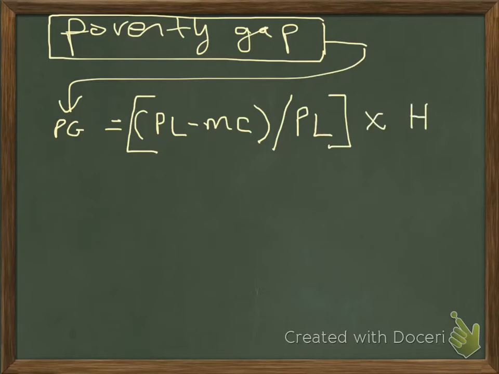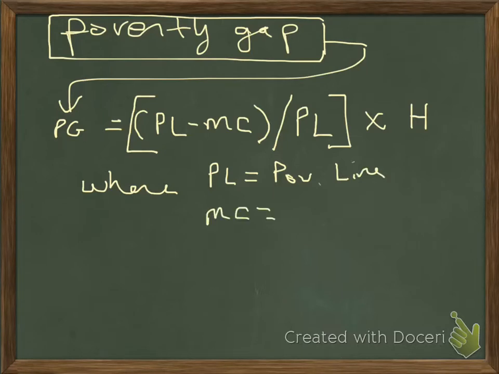Okay. I'll talk about it after I get this out. Where the PL equals the poverty line. MC equals the mean consumption. I just ran out of space. Although it may let me write. Oh, it lets me write beyond the edge.